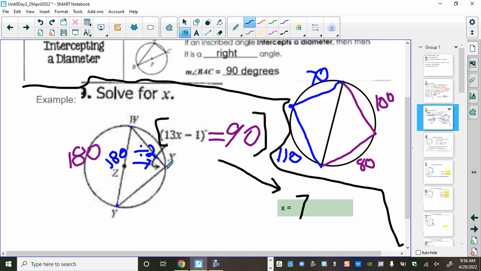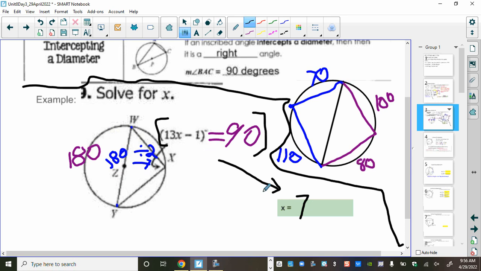Again, there's your angle. Endpoints were at the diameter. That's why. And you could kind of say, even if we didn't have this diameter, your semicircle's 180. So the angle that formed must be 90 degrees. And then if you solve that equation, 13x minus 1 equals 90, you should get x equals 7.